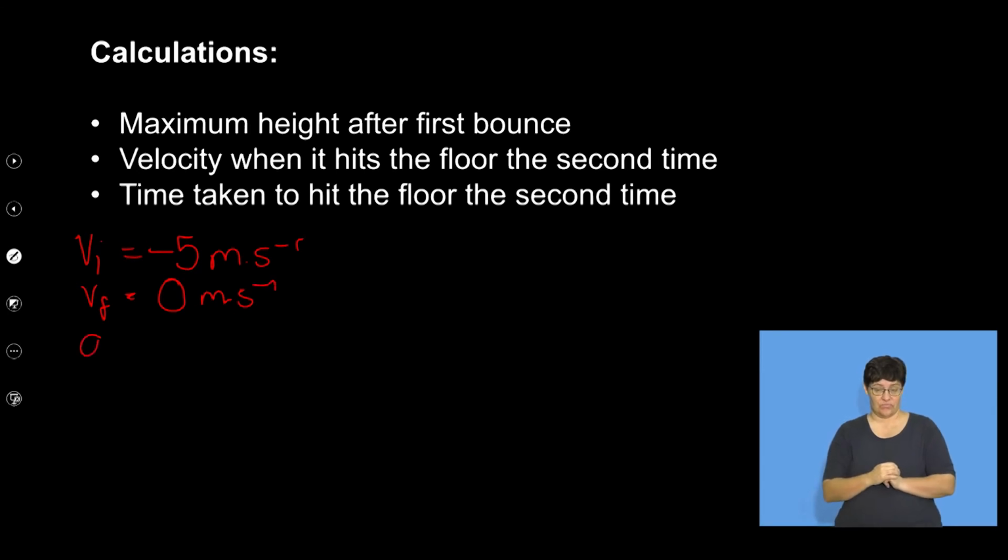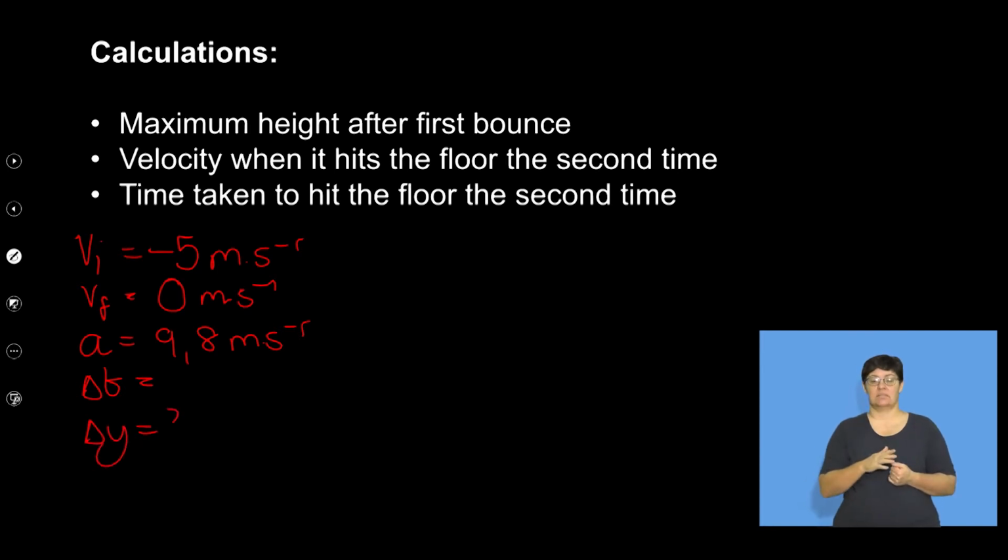I know my acceleration is 9.8. I don't know the time it takes to get to that height, but I want delta y. So, looking at the information, again, I'm going to go Vf squared equals Vi squared plus 2a delta y.